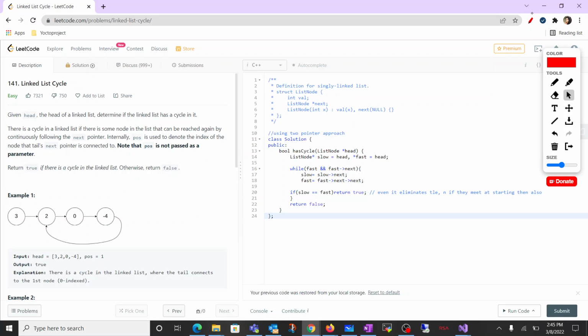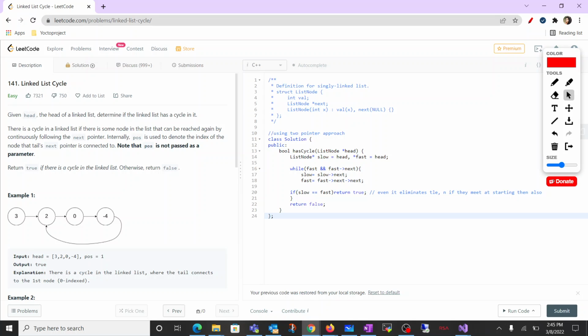Internally there is some pos variable which is used to denote the index of the node that the tail's next pointer is connected to. But this pos is not passed as a parameter, and that's why we are unable to detect at which position our tail pointer is pointing towards a previous node, and thus contributing towards the cycle. But that's not a concern for us.